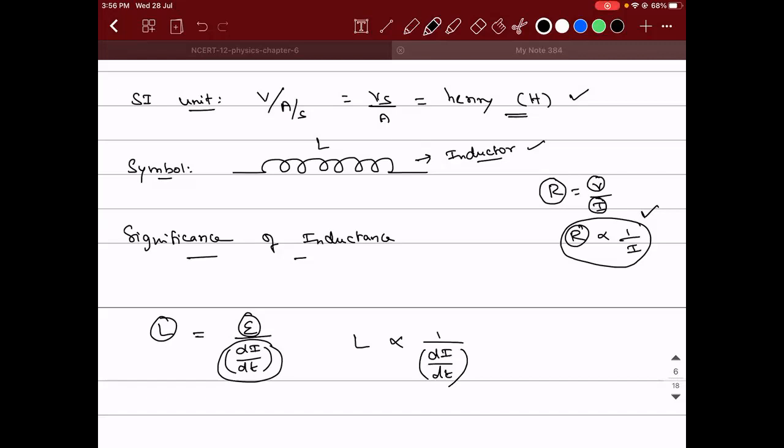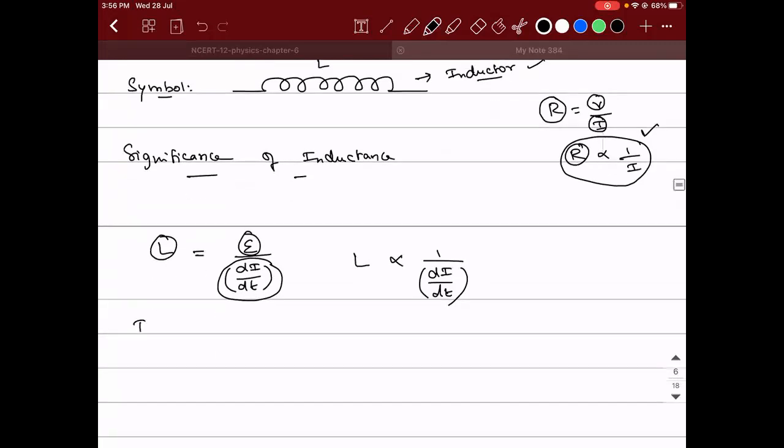So inductance is inversely proportional to di by dt means an inductor will oppose the rate of change of current. Okay, so an inductor will oppose the rate of change of current. So a resistor will oppose the flow of current, whereas an inductor will oppose the rate of change of current.